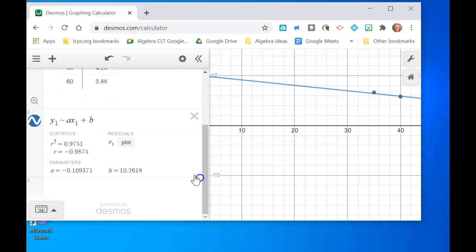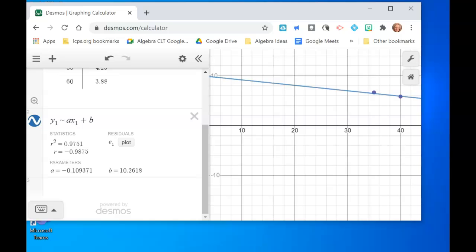The slope is down here in your A value, because we said y tilde AX, so the coefficient before your X is the slope. In this case, it's negative 0.1093. We're going to round to the nearest tenth, the place right after the decimal. So our A is negative 0.1, and our B is going to be 10.2.